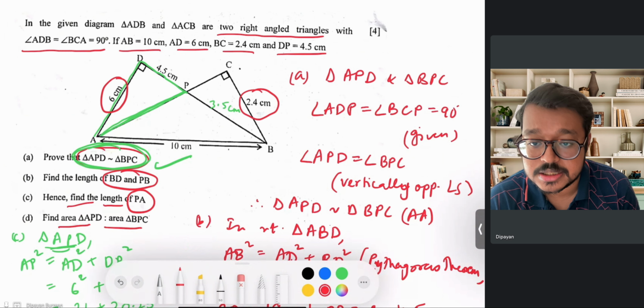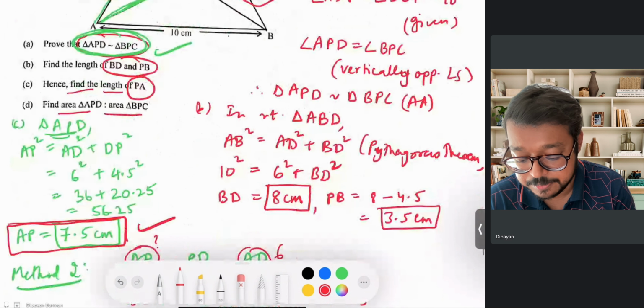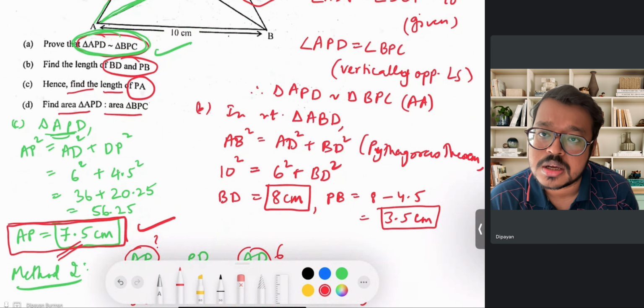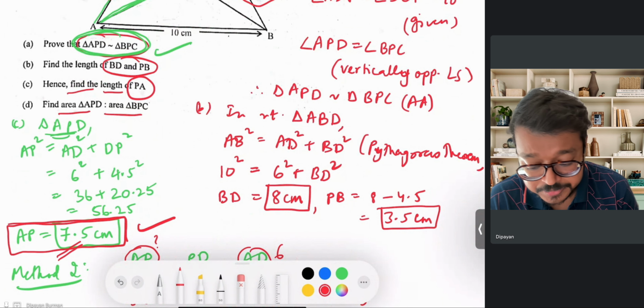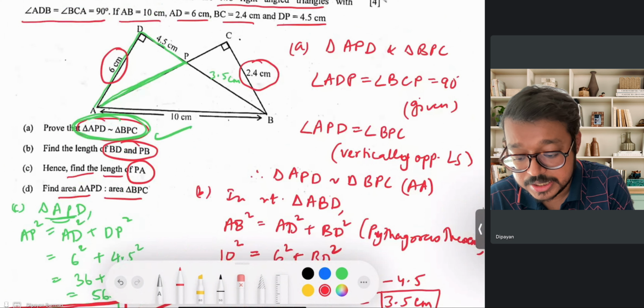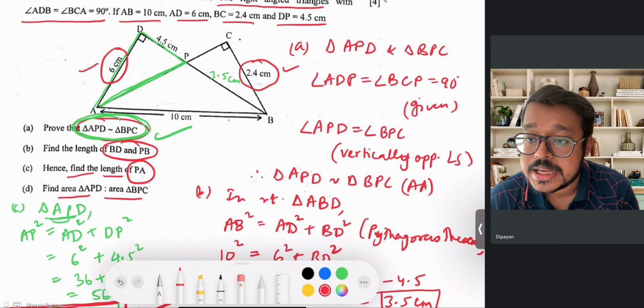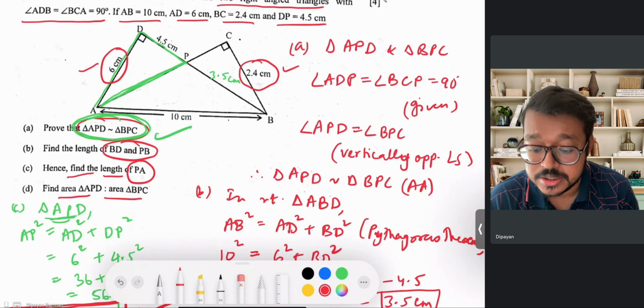But in case you were using the value of AP as 7.5, you will get another answer which should be acceptable. So let's say I am looking at only these values which are directly given in the question. AD is 6 and BC is 2.4.